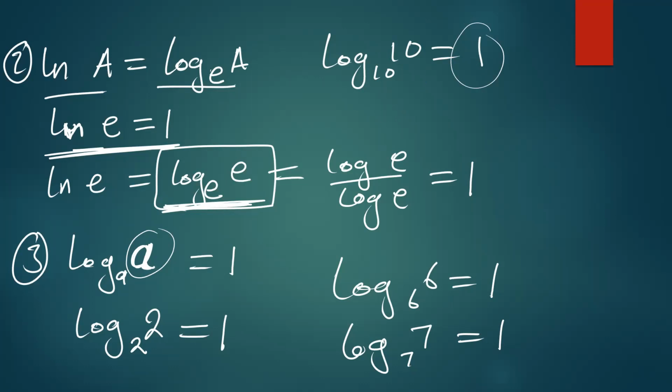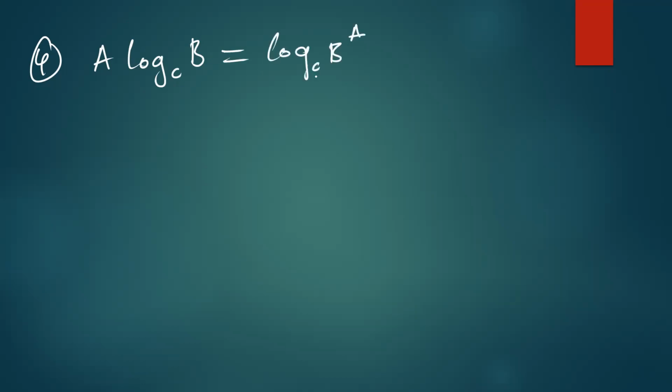So I've talked about 3 rules. We proceed to another rule. What happens if you are adding 2 logarithms? Before we go to the addition of logarithms, let's look at the fourth rule. If you have, let's say, A times log B base C, this can also be written as log B to the power A, with the base C there.